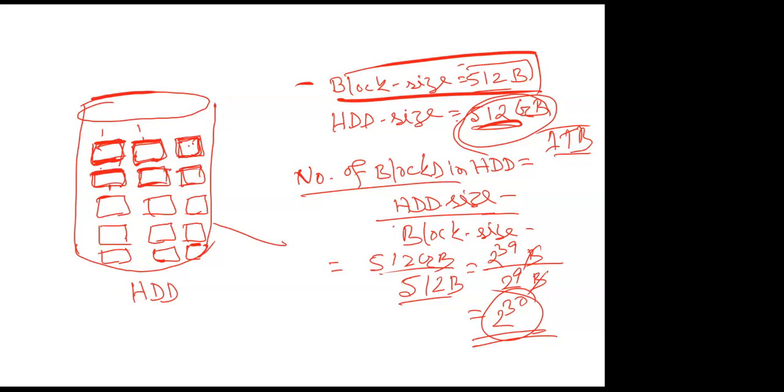So from here you can see that at first, in a hard drive there is a small fixed amount of block, and each block size depends on the implementation. Most of the cases follow 512 byte, and if your hard disk size is 512 GB, then this amount of blocks is available inside the hard disk.